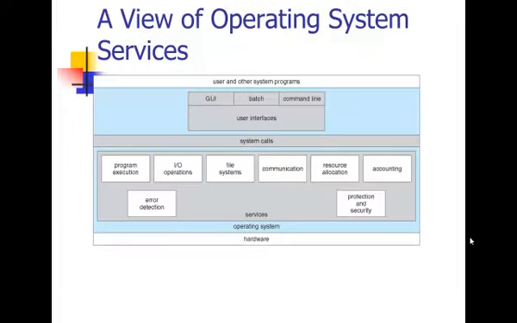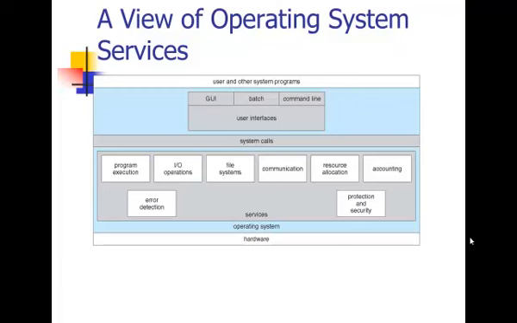The services of an operating system can be visualized like this. On top of the services we have user applications. Users can use the available application programs in an operating system using the command line, or if there is any batch system available, or a graphical user interface.